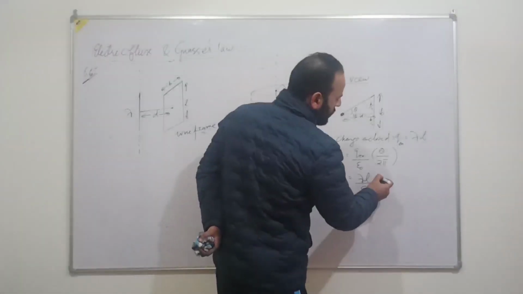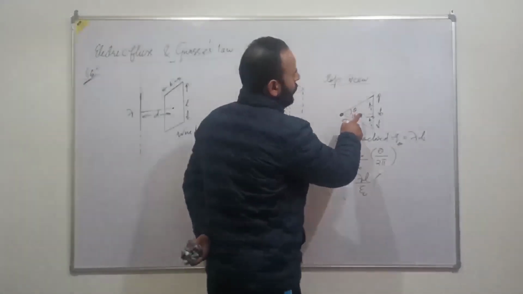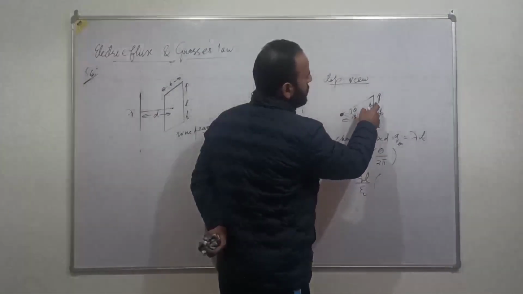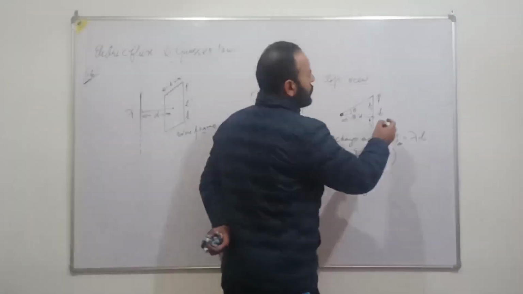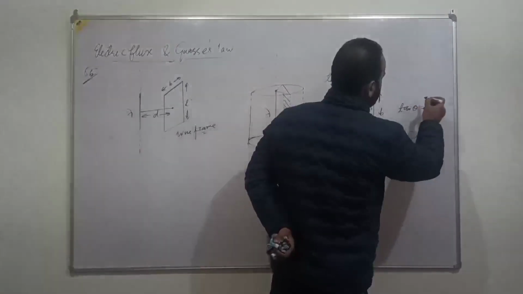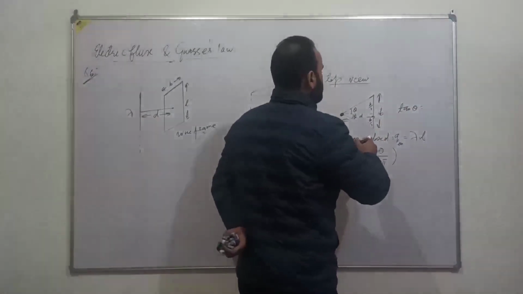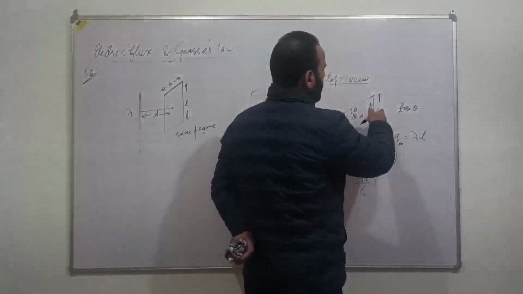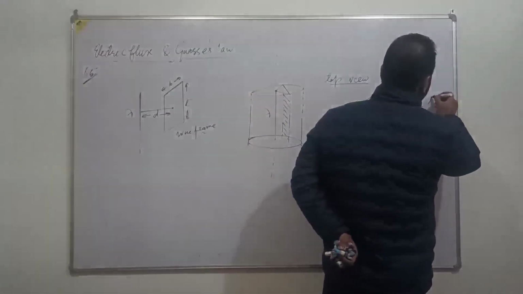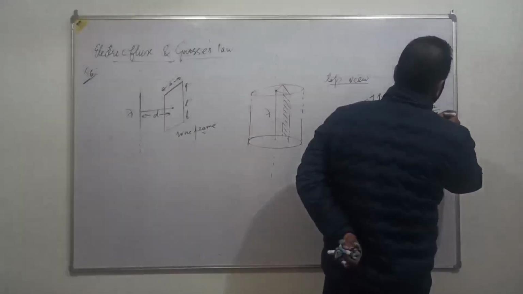Now we don't have theta given here, we have only these two sides, this is the perpendicular and this is the base. So tan theta is perpendicular divided by base, that is b by 2 divided by d.